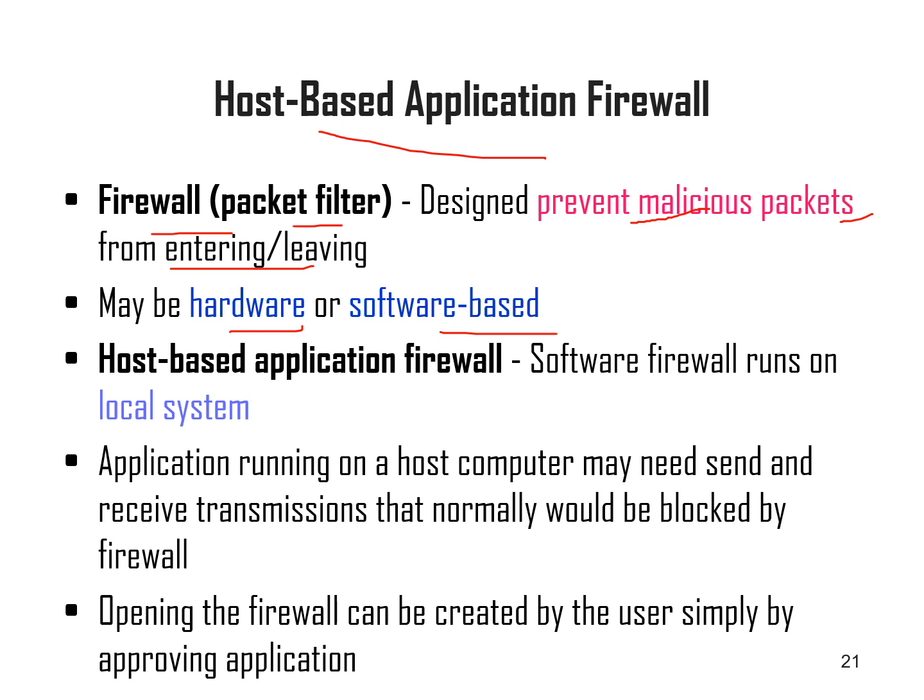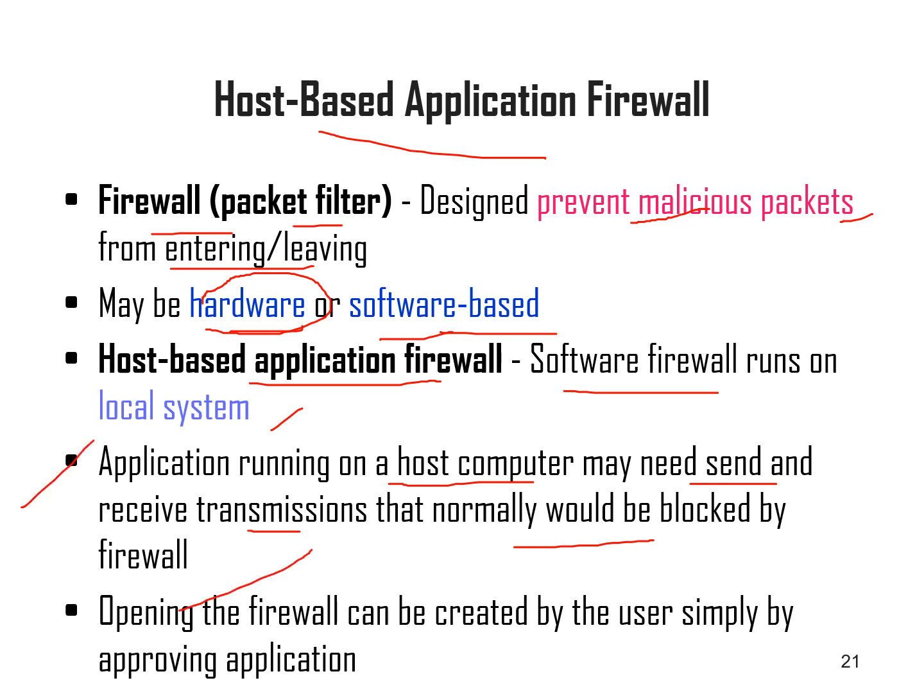Right? So a host-based application firewall is a software firewall that runs on a local system. If I have a dedicated system, then that is called a hardware firewall, right? If I have software installed in my local system, then that is called a software-based firewall. An application running on a host computer may need to send and receive transmissions that would normally be blocked by a firewall.